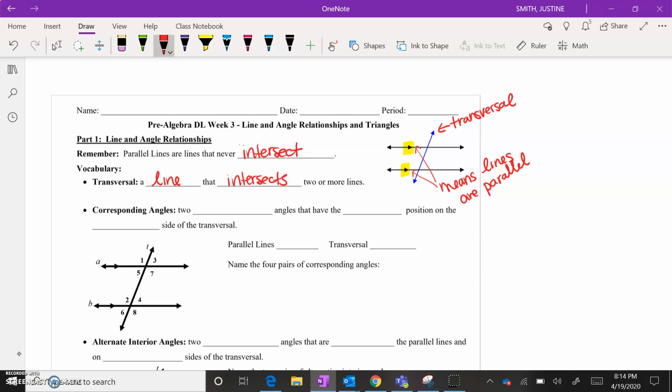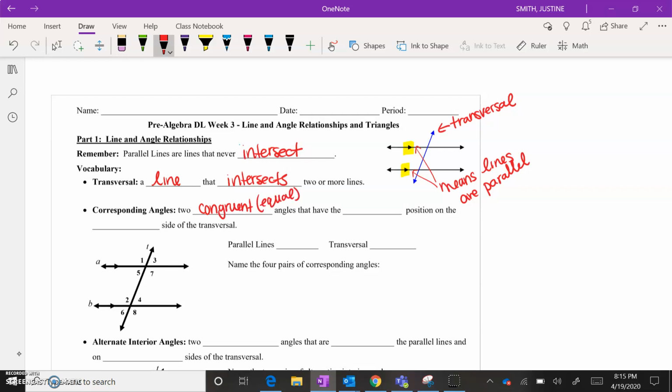So when we have a transversal that cuts through two parallel lines, we have certain types of angles that are formed. So one type of angle that's formed would be corresponding angles. So these are two congruent, which means they're equal, right?